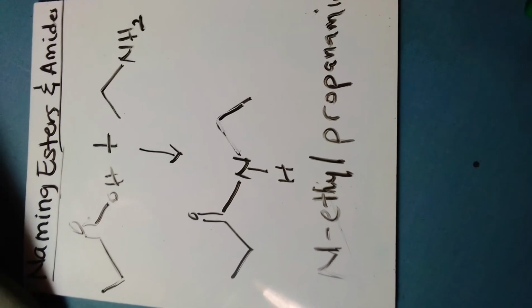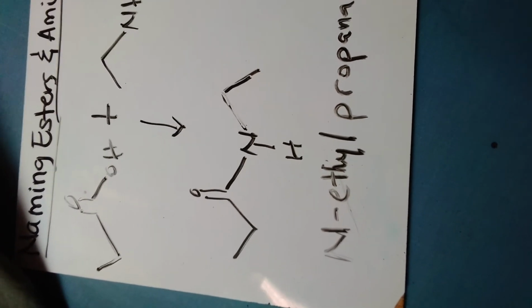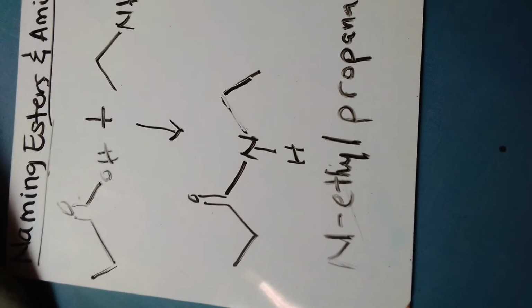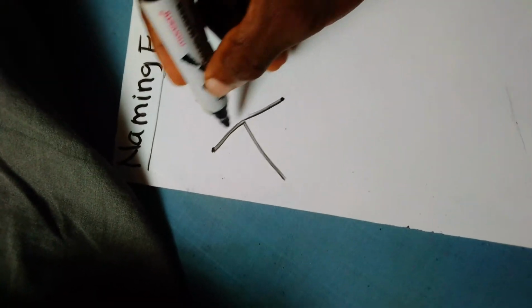That's how amides are named. So in naming amides, we show the position of any group on the nitrogen with N. So let's have this typical example. Let's say you have this compound.